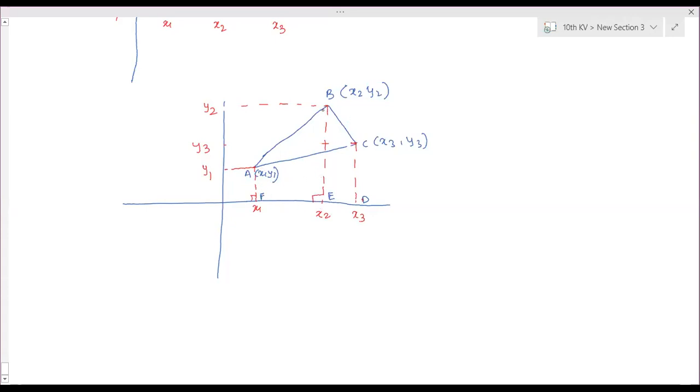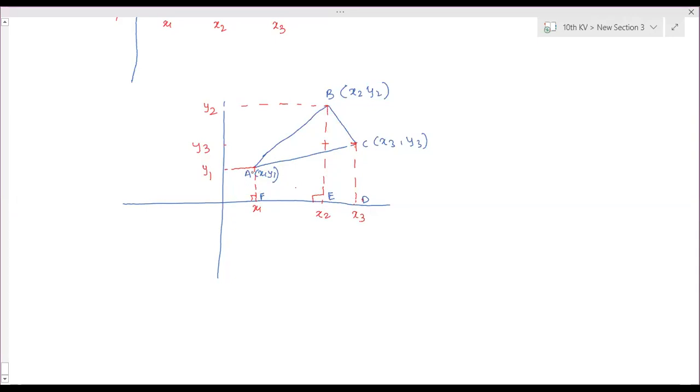So in this quadrilateral, one pair of sides is parallel. Therefore, this is a trapezium. Even BCDE is also a trapezium, so we have to calculate the area of both of them. ACDF is also a trapezium. So we will calculate the area of this full part, and then subtract this part. Then we will get this triangle's area.